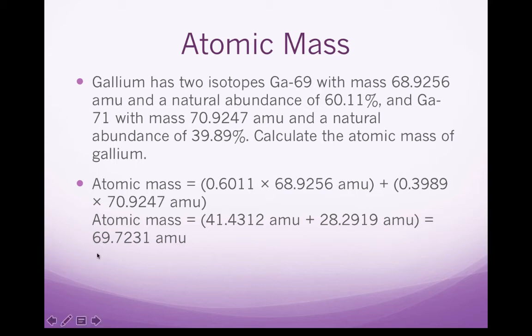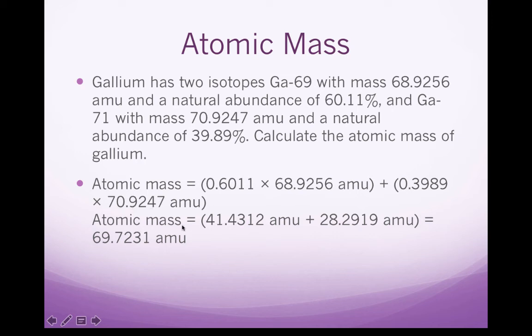Well, again, its atomic mass will be equal to the fraction of isotope 1, which is 0.6011, times the mass of that isotope, 68.9256 AMU, plus the fraction of isotope 2, 0.3989, times the mass of that isotope, 70.9247 AMU.